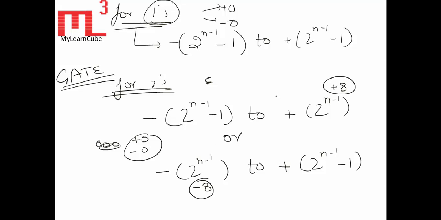So that's why the range gets increased by one number. This question has been asked in previous year GATE papers. In the next lecture we will see some questions based on these formulas, and also explore some binary codes. Until then, thank you and keep learning.